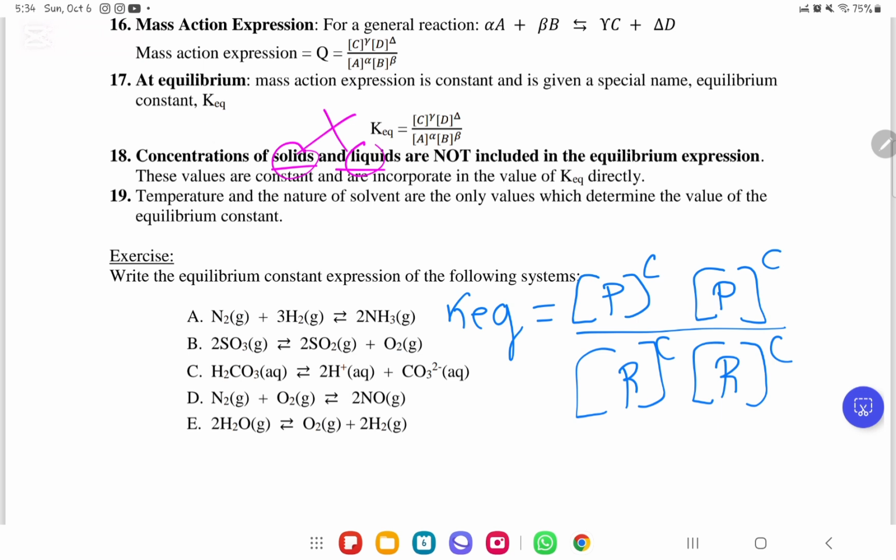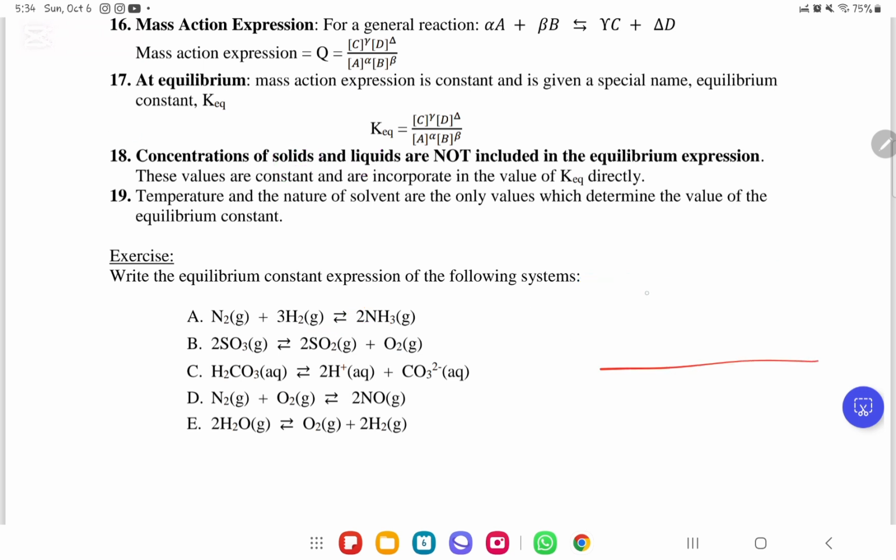So, the first one, we have gas, gas, gas, so we can take it. What are we going to do? We're going to do the concentration of NH3, we don't need to know the exact value, okay, to the power of the coefficient, which is 2. Let me redo it.